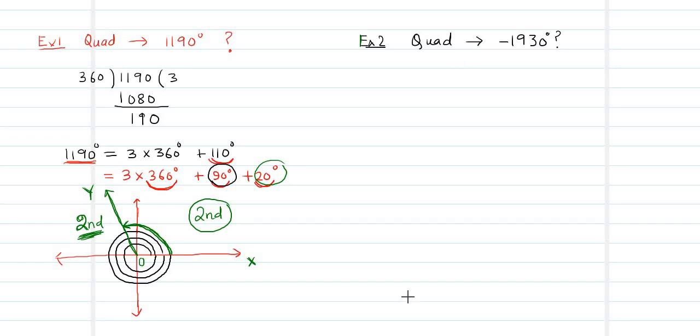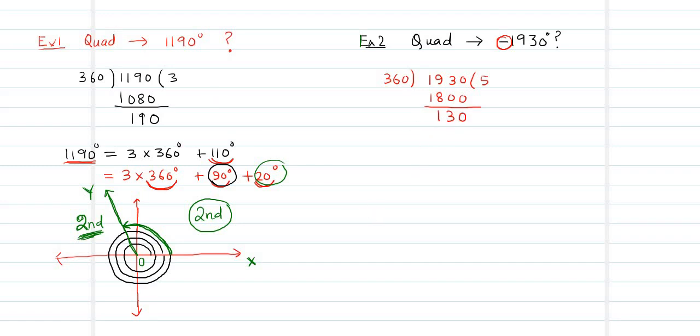So what we will do, first we will ignore the negative sign and divide 1930 degree by 360 degree. When we divide this, we will find the remainder 130 degree, something like that.